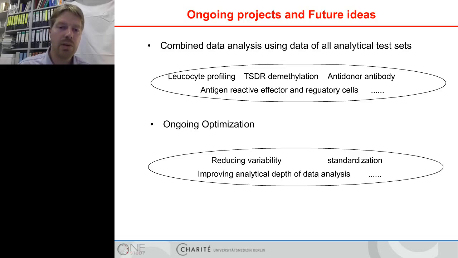And we are also working on the further optimization of the test, because we are highly interested in reducing the variability, improving the standardization procedure, and also improving the analytical depth of the data analysis.